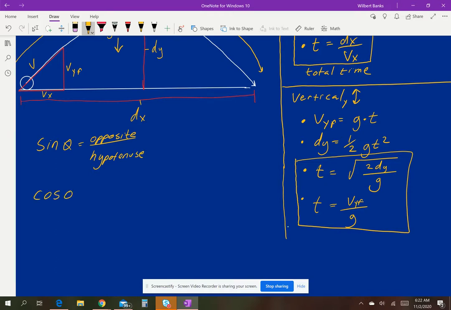Cosine theta equals your adjacent over hypotenuse. And then your tangent theta equals your opposite over your adjacent.